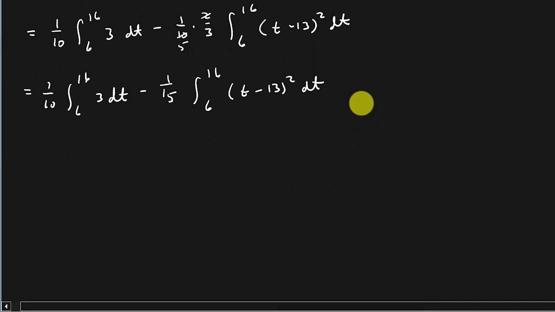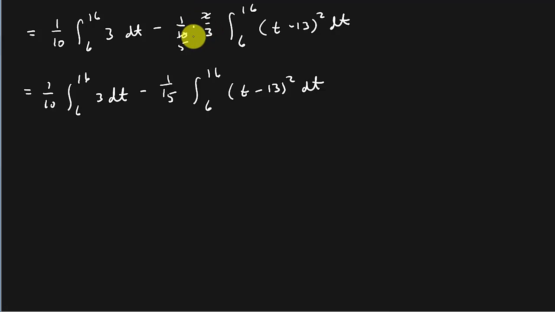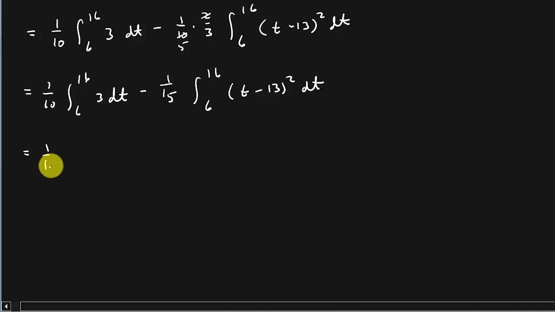Trust me, on something like this, take your time and write all the steps out. If you have to write an extra step just to do one thing, go ahead and do it. You'll be less likely to make a mistake. All right, so we have 1/10 integral from 6 to 16 of 3 dt, minus 1/15.